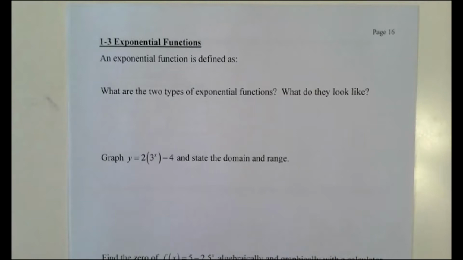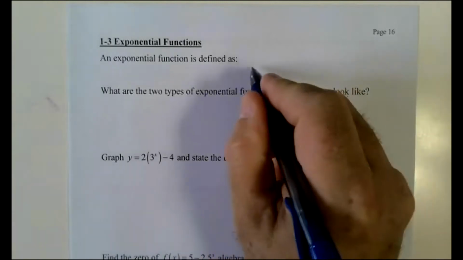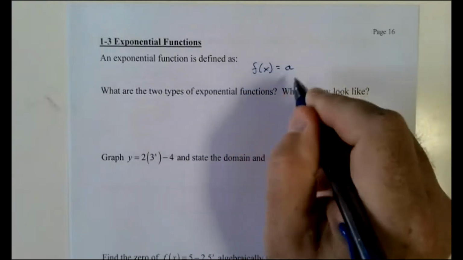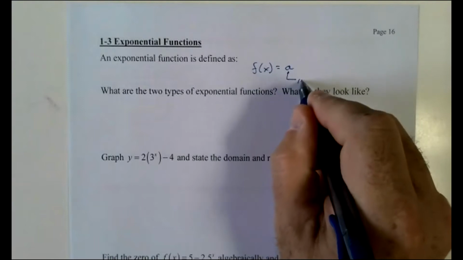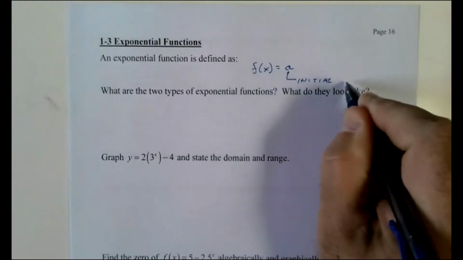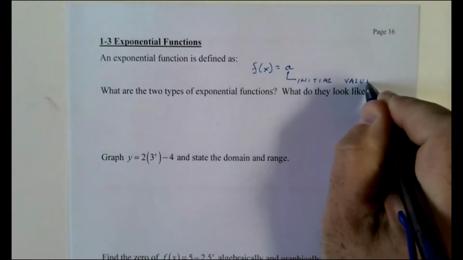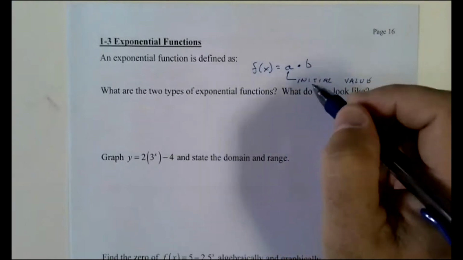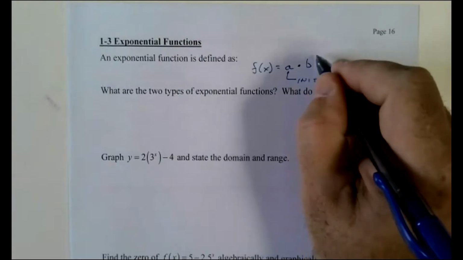So 1.3, exponential functions. An exponential function is defined as, first off, it's a function, and it's some initial value times some constant. Shouldn't say constant, but it's a constant to a power.